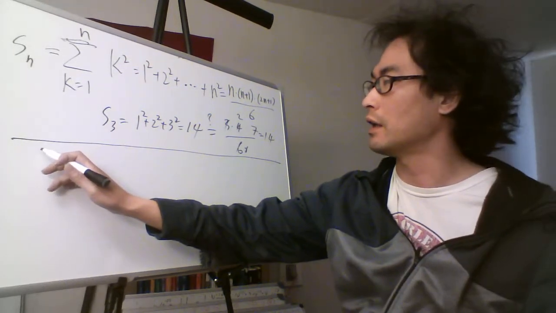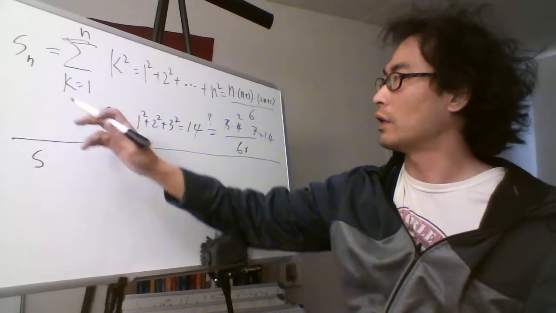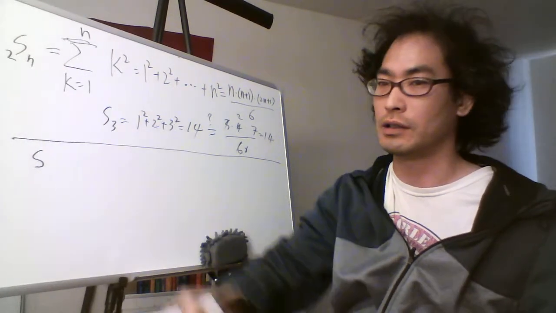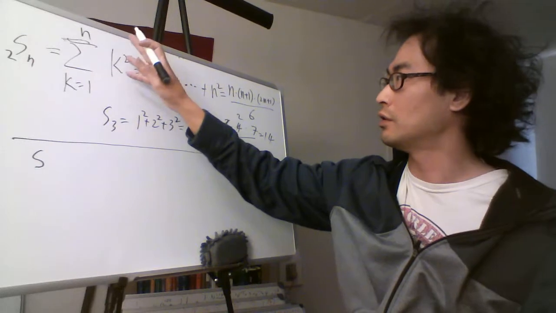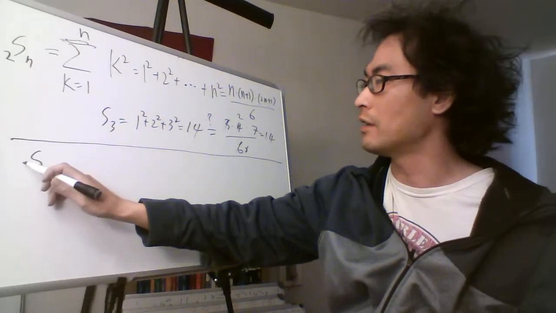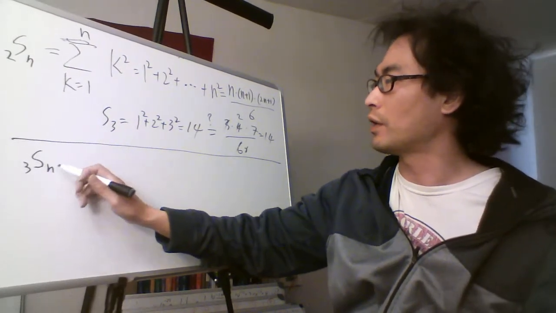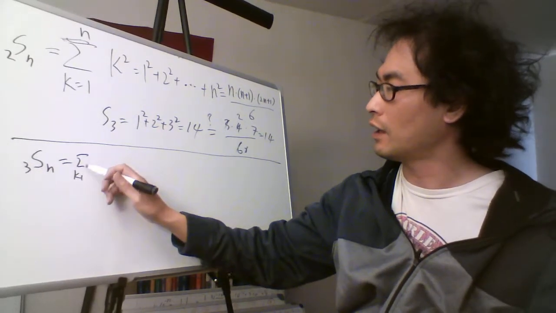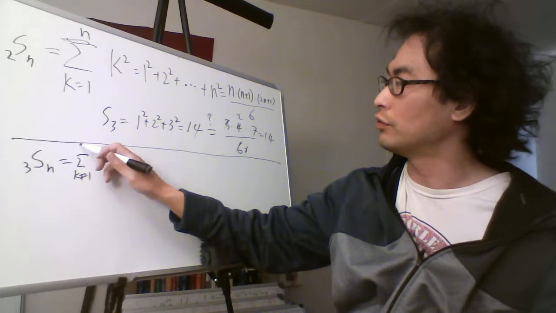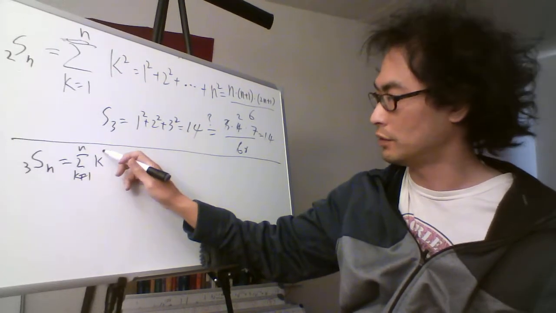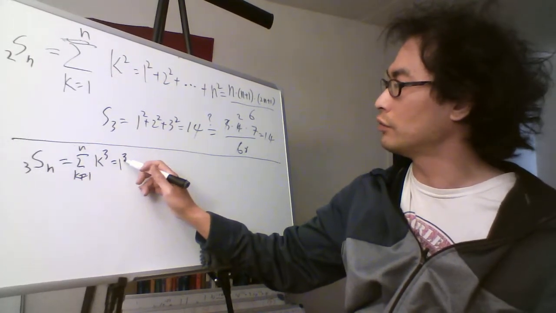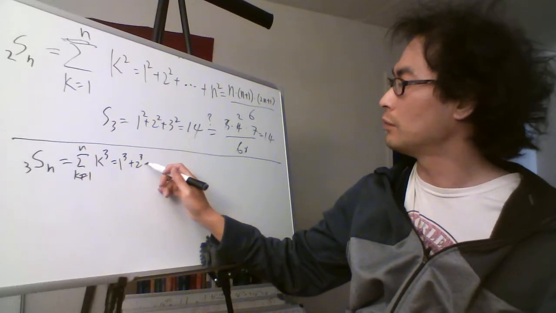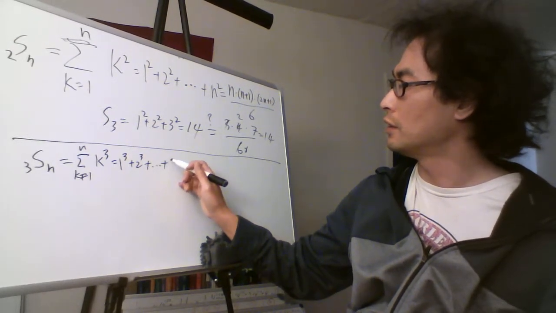How about the sum of cubes? This was S2n with the squared term. So how about S3n? That's k equal to 1 to n of k cubed: 1 to the third plus 2 to the third plus blah blah blah plus n to the third.